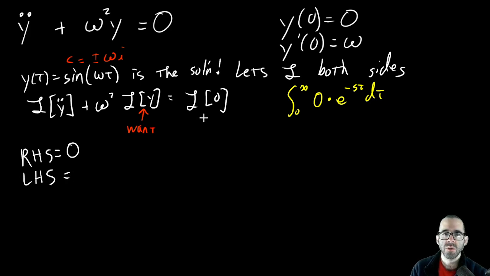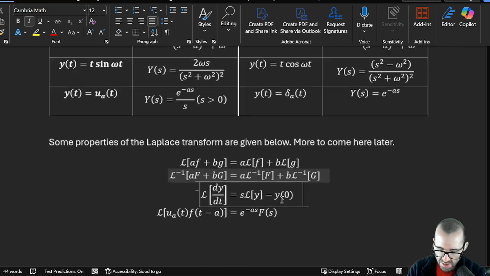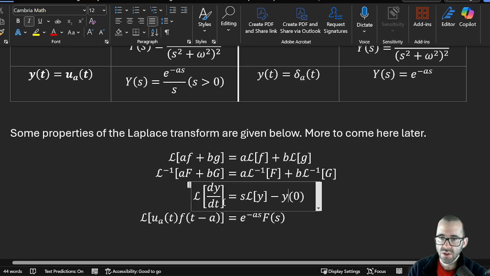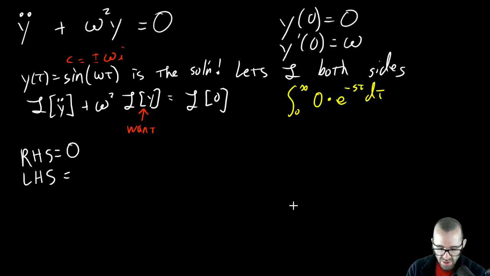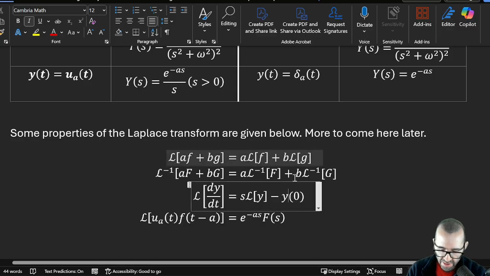So this is where we're going to use those properties that we talked about earlier. We know that the Laplace transform of the derivative of a function is s times the Laplace transform of the function minus its initial condition. So we're just going to say that, well, remember y double dot is just the derivative with respect to time of y dot. So we're just going to apply this property to the function y dot.